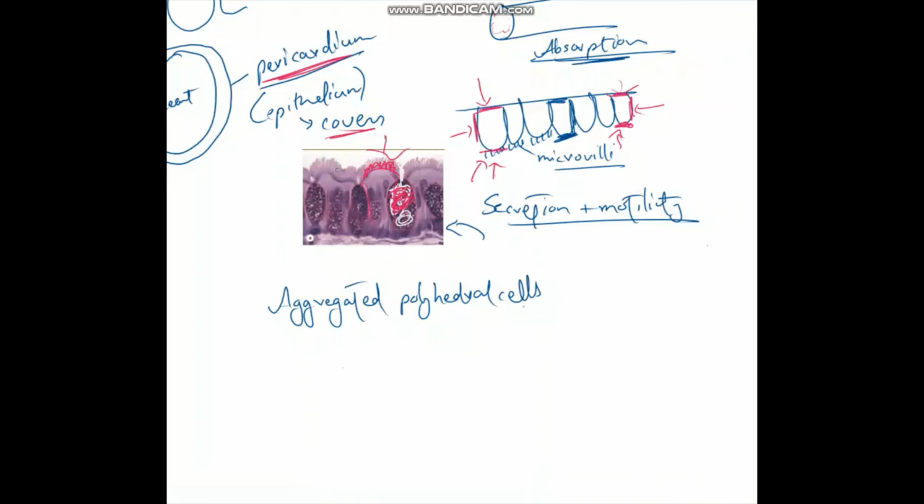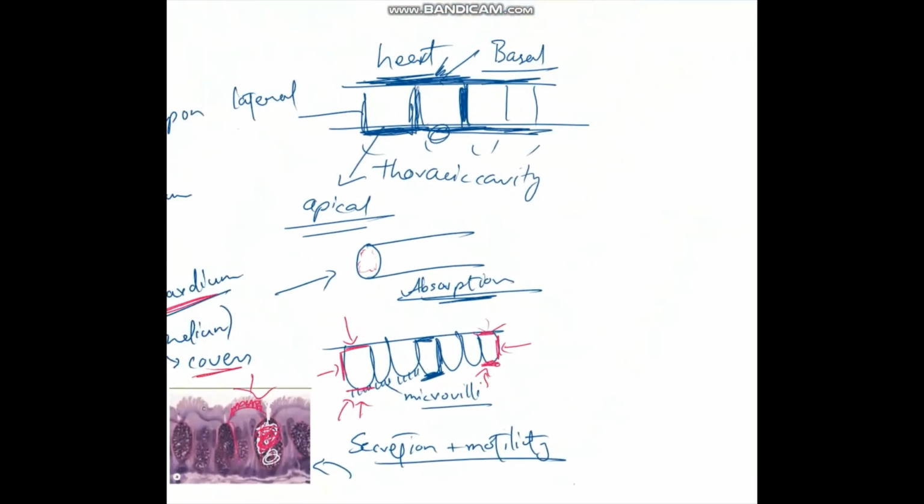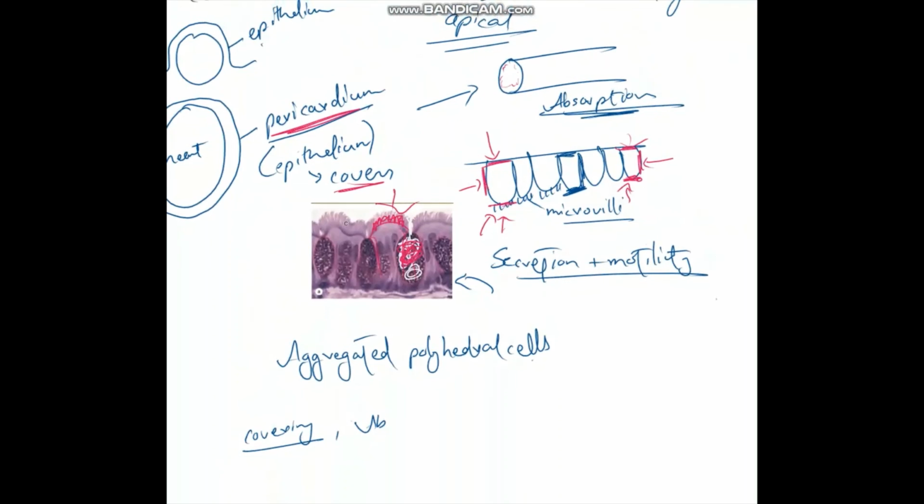For example, the function of covering that we did with the pericardium. Absorption, like we did over here in the case of the small intestine, containing microvilli for absorption. Secretion, such as the respiratory tract that we did right here, the goblet cells, and motility using the cilia right here. All right.